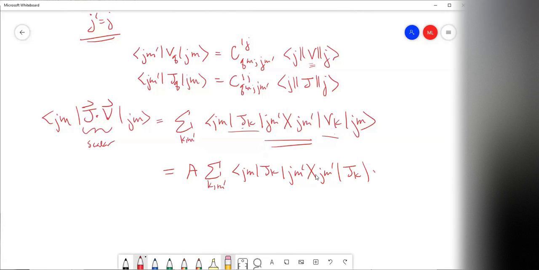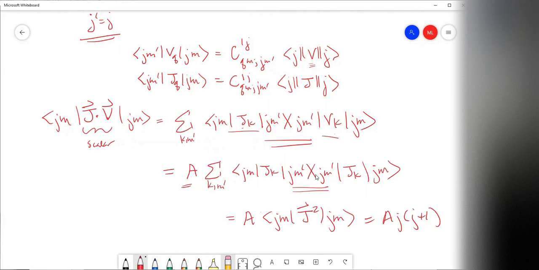So this just becomes that, with some constant of proportionality. We can do the completeness relation again and remove this. And what you get is A sum over K. Well, we can get rid of the sum over K and the sum over M prime because that just gives us completeness. And we're left with the expectation value of J squared in J M. But we know what that is. That's A, J, J plus 1.